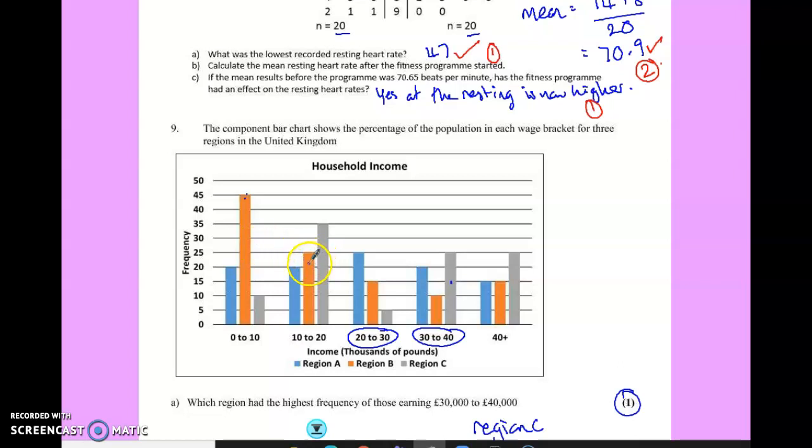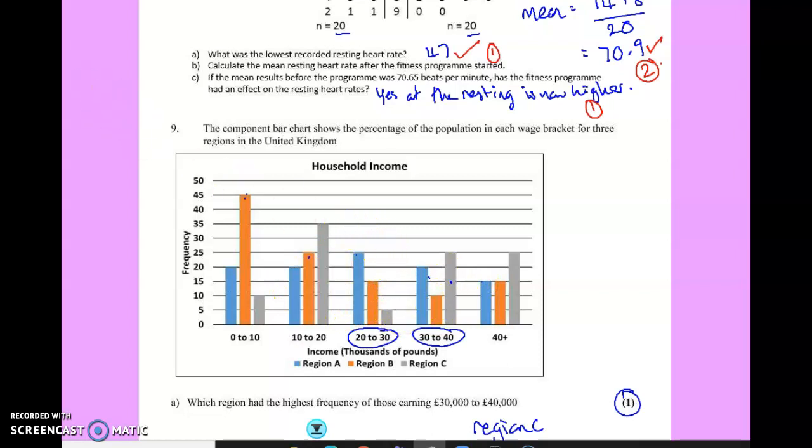If we add on then the next 25, you've now got 60% earning less than 20,000. So you're going to get 40% earning more than 40,000. If you compare that to A, more than 40,000, here you've got 25, 45, 60 earning more than 40,000.